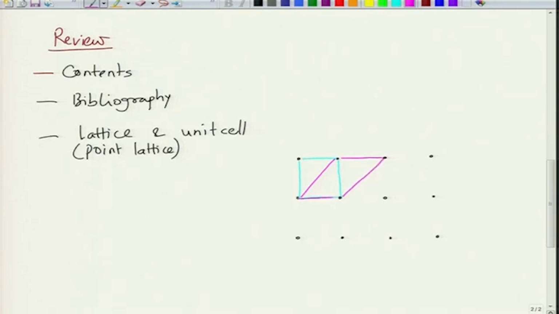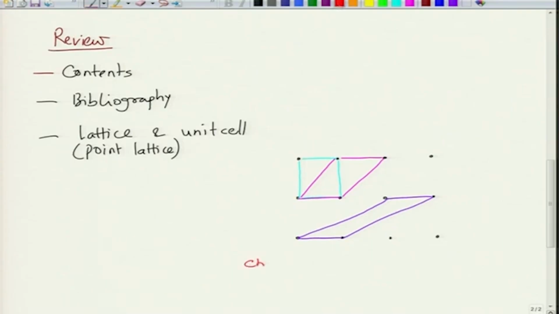This is also a repeatable unit, and mind you, all of these unit cells have lattice parameters which are the areas which are similar, and the number of lattice points. The number of lattice points is basically number of corners divided by 4. So you can see that each of these consists of one lattice point and they have similar area. So choice of unit cell is not unique.